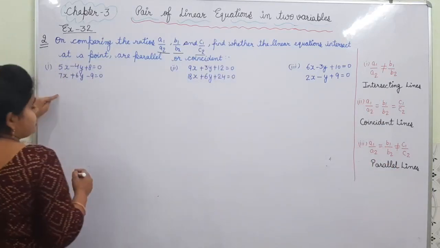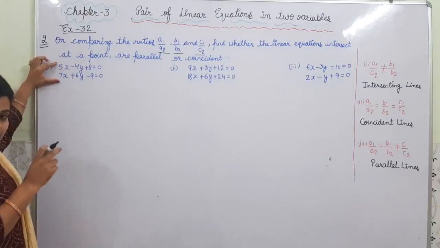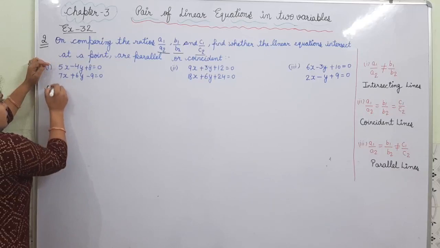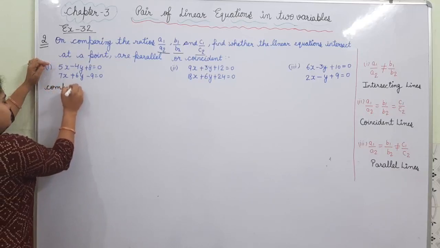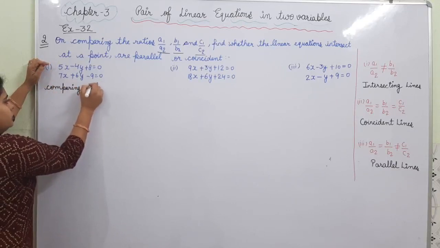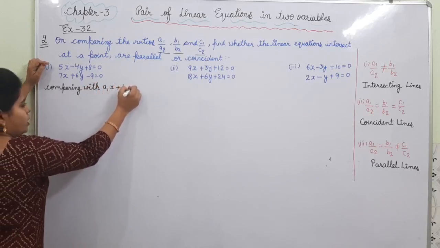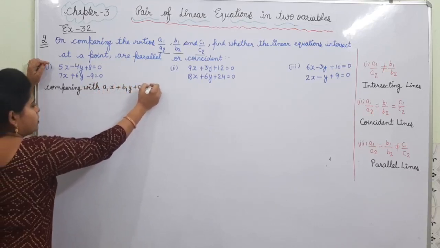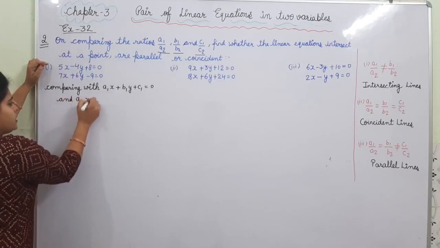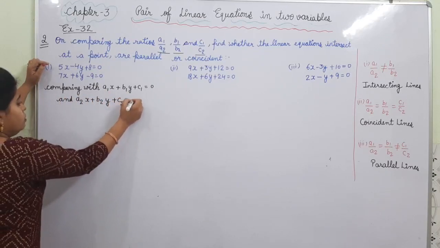So let's start our first part. What we will do, we will compare these two equations with our standard equations. So comparing with A1x plus B1y plus C1 is equal to 0 and A2x plus B2y plus C2 is equal to 0.